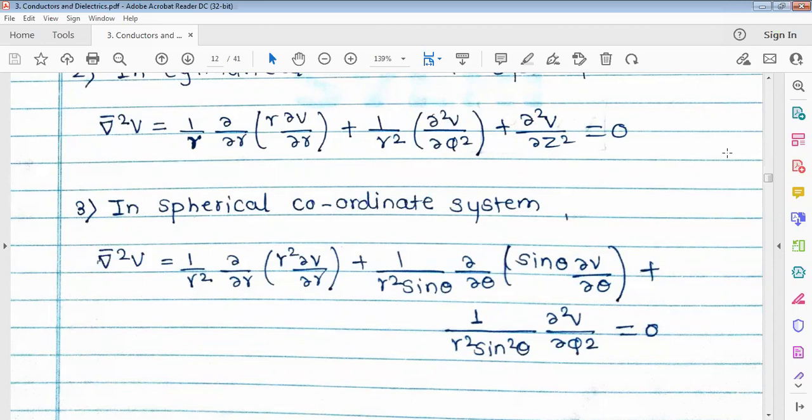Just see how many formulae there are: for gradient, divergence, curl, different formulae in different coordinate systems, plus now this del square operator.